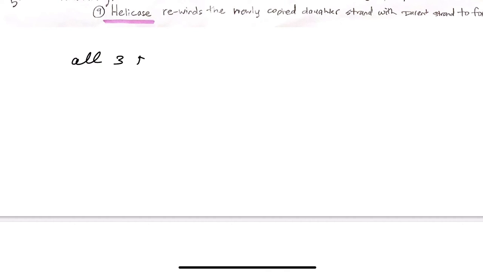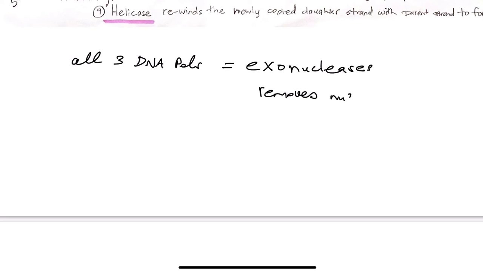All 3 DNA pols are exonucleases. Now, this is something we haven't discussed before. What is an exonuclease? Well, it removes nucleotides. That's important to remember. It removes nucleotides in the 3' to 5' direction.